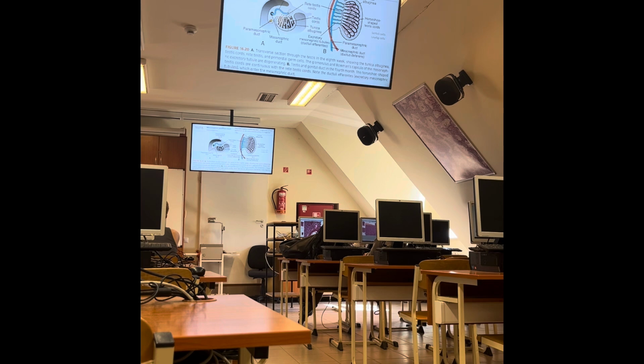Now, if you look at this image, you can see that in the case of the testis, the medullary cords develop and they contain the germ cells also. The ends of these cords will form the rete testis, and they do not contain the primordial germ cells. Okay?